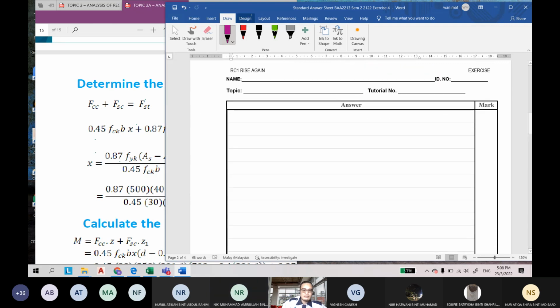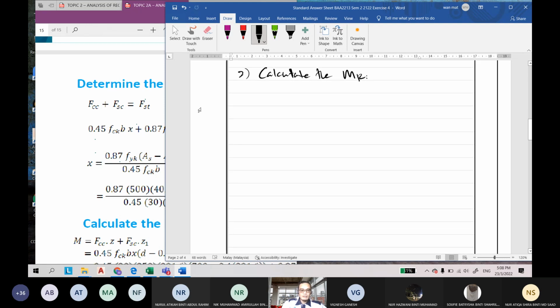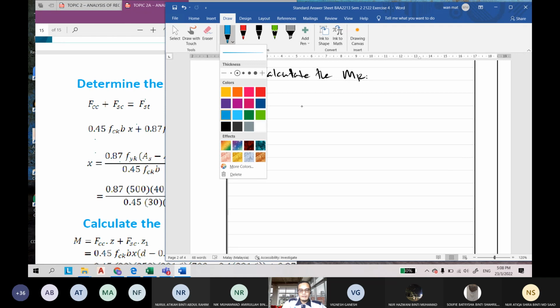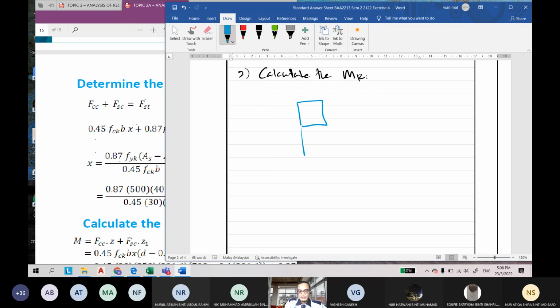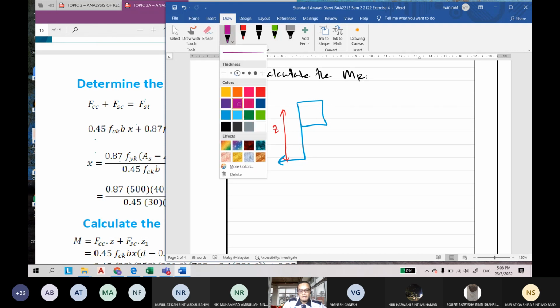Okay, and then the second step is we calculate the moment of resistance, MR. Like our previous case, exercise 2, this is our Z. You can simply remember that and understand the concept.